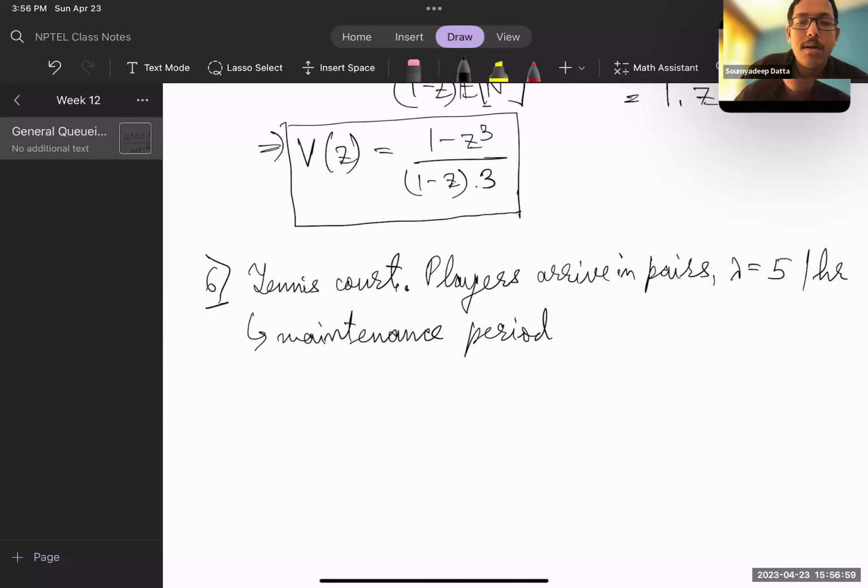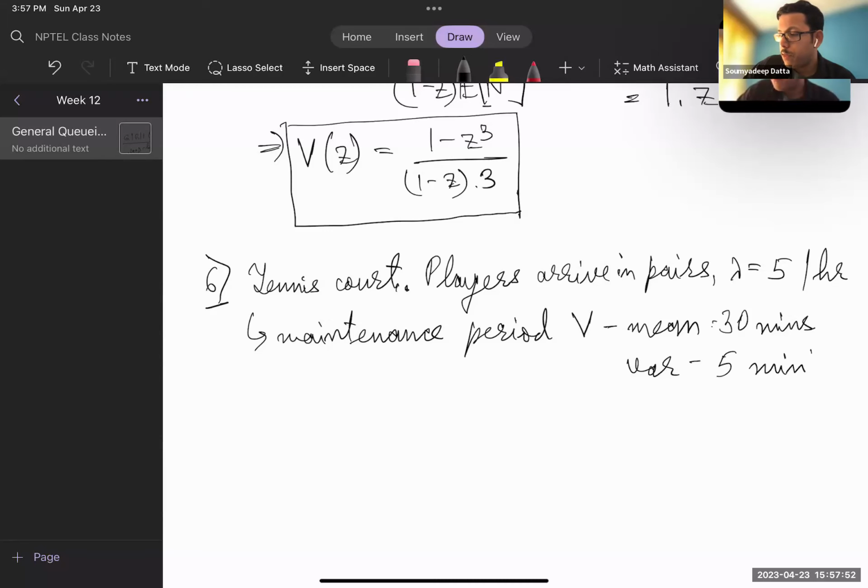Maintenance periods are, let's say, exponentially distributed. Maintenance period, let's say some time v, has a mean of something like 30 minutes, and variance is, let's say, 5 minutes square, right?